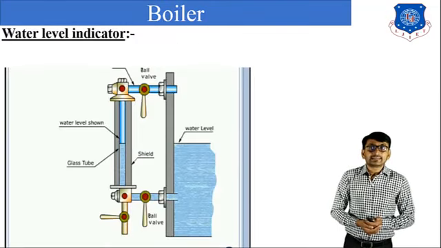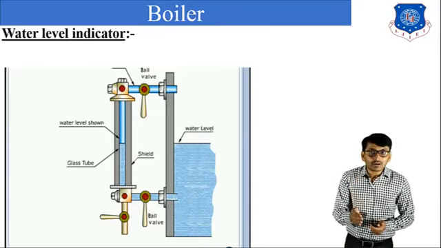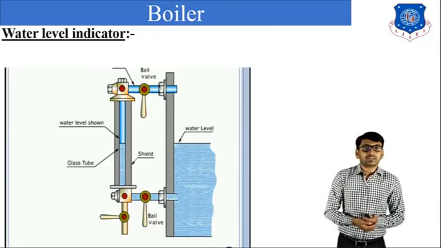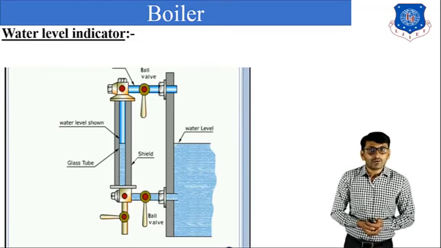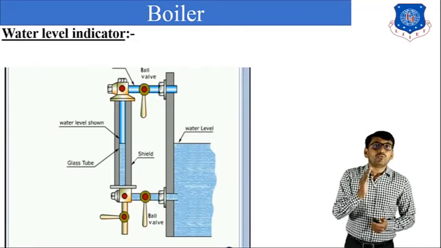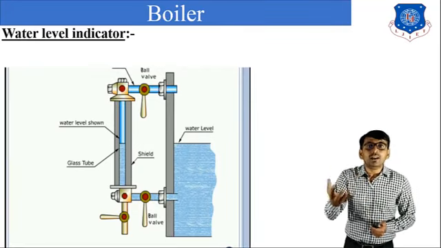Now we discuss the second one, that is the water level indicator. So this diagram is for the water level indicator. What is its function? It indicates the level of water inside the boiler.